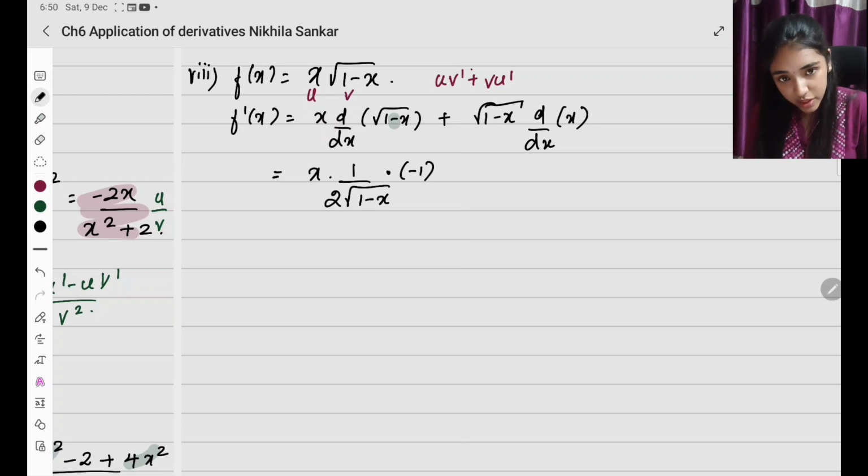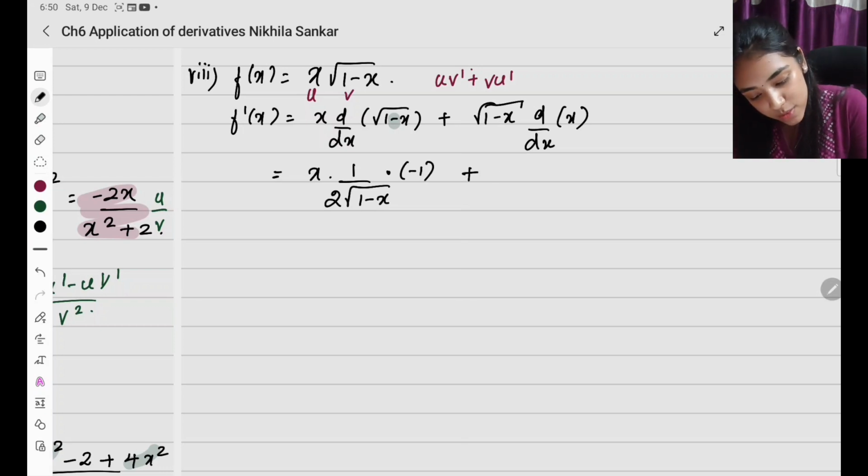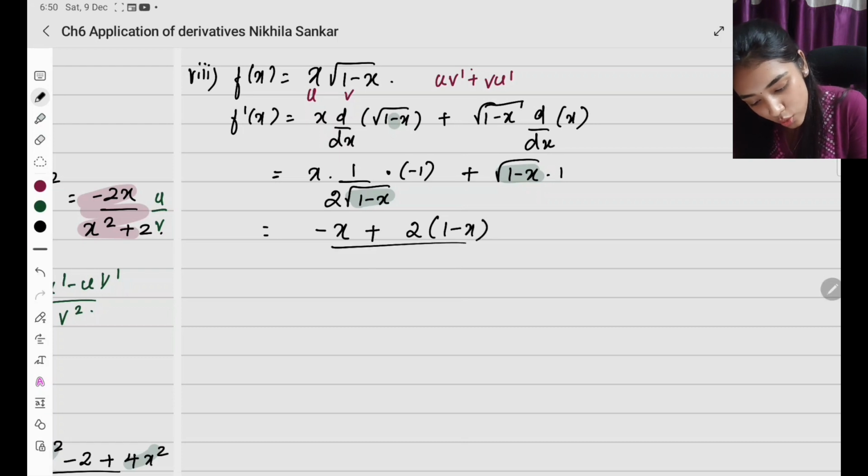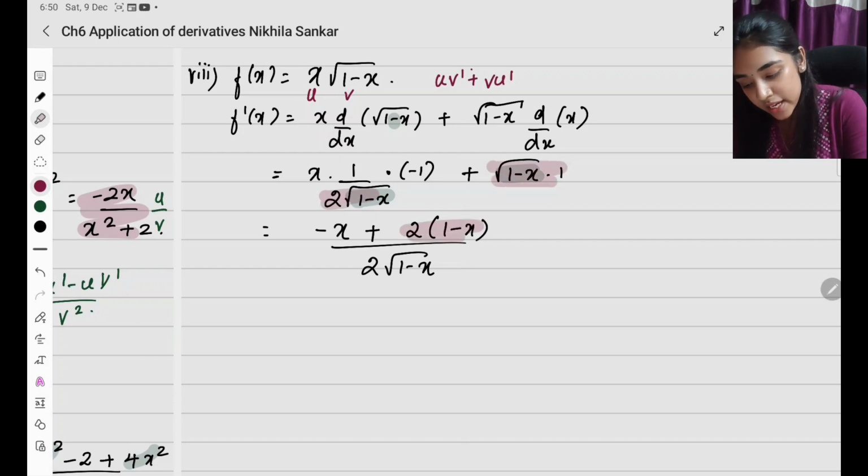When you find that derivative, it is going to be minus 1, plus what do I have here? 1 minus x root times 1. Now when I take the LCM, I can multiply this and this. So what will I have? Minus x in the numerator plus 2 times 1 minus x the whole divided by 2 root of 1 minus x. I am taking the LCM. So this is my LCM. When I multiply, I'll get this term, and in the numerator I have a minus x.